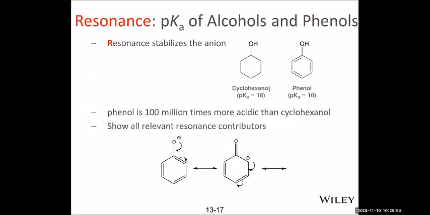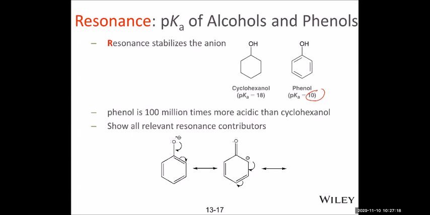The resonance. Okay, phenols are even more acidic than alcohol. As you can see, the cyclohexanol pKa is 18. A phenol pKa is only 10. So that's about 100 million times stronger, though the structure is similar to alcohol, because of resonance.